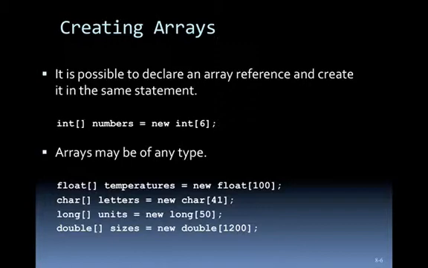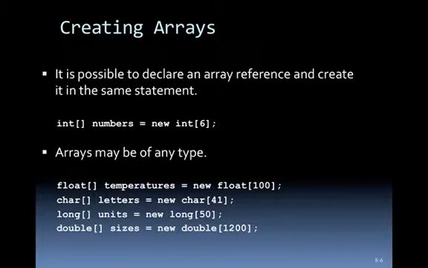Of course, arrays can be of any type. The code that we see below starts out with float square brackets, temperature, a list of temperatures that are going to be in a decimal that ends after 6 or 7 places after the decimal point. The second one we see on the bottom is letters, right?